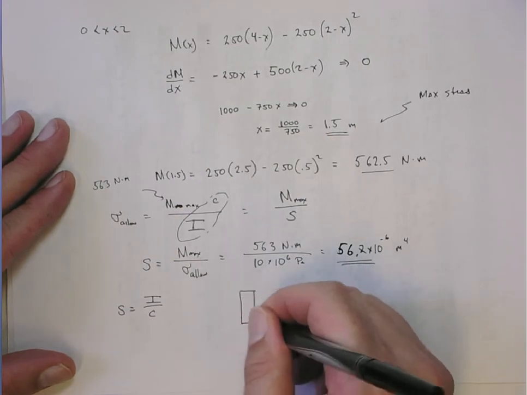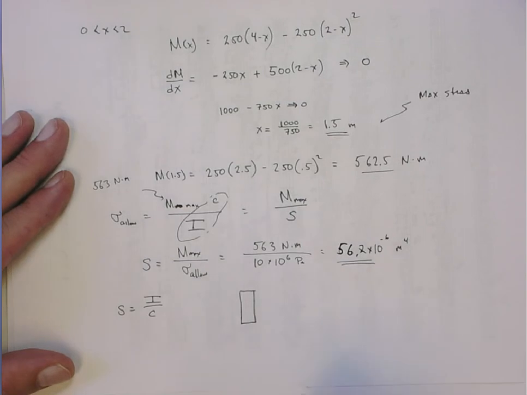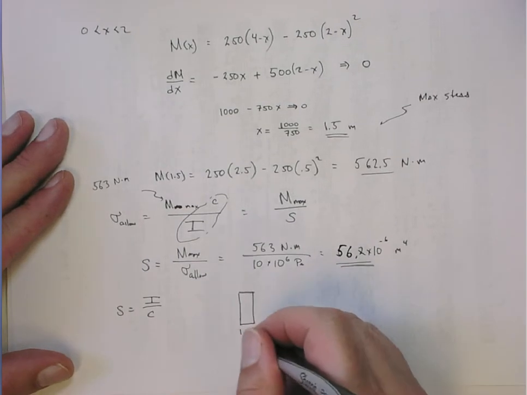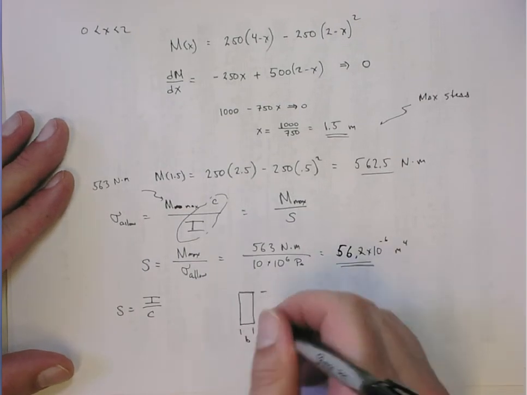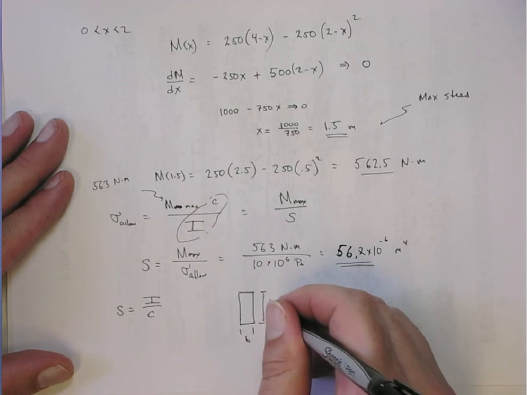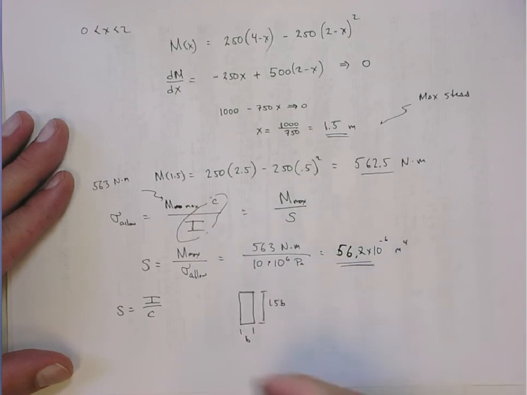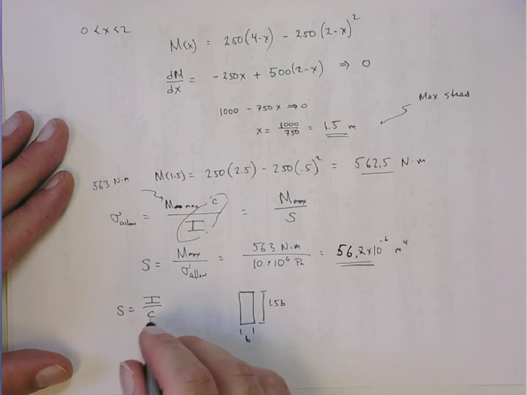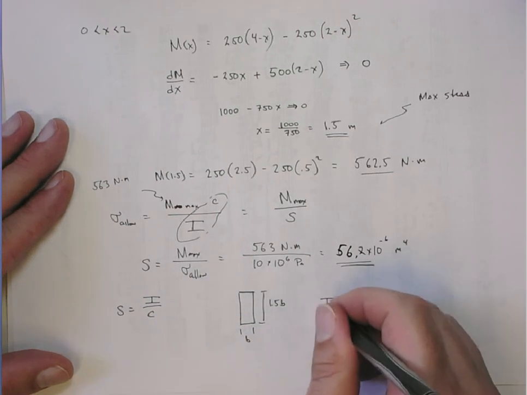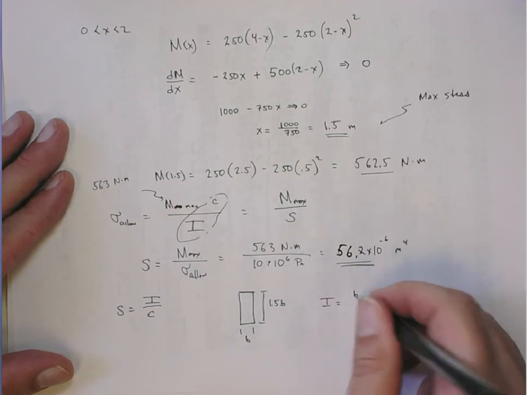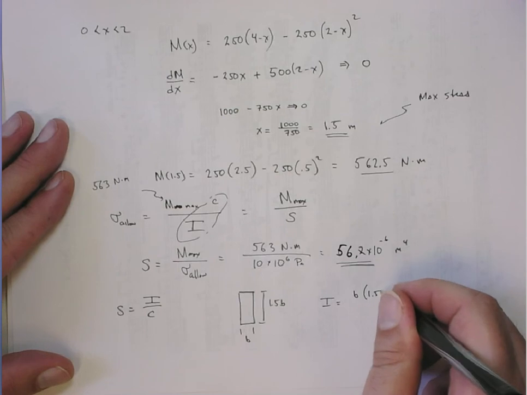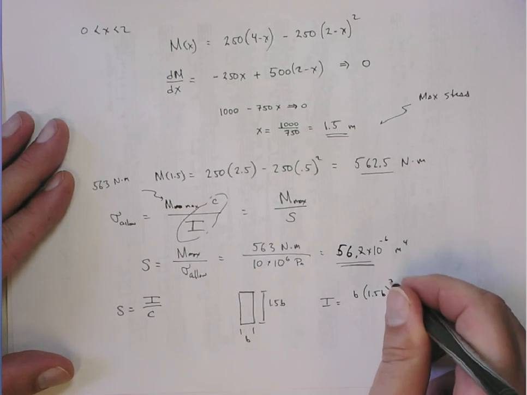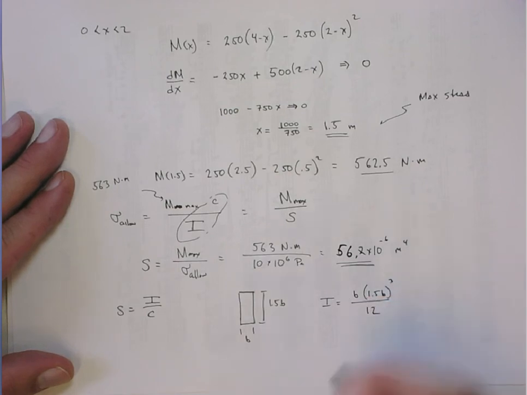we're limited to a rectangular cross-section. It's like a wood beam. And we're told that the base is B and the height has to be such that this is 1.5 times B. Now, I, in this case, is the base, B, times the height, which is 1.5 B cubed over 12.